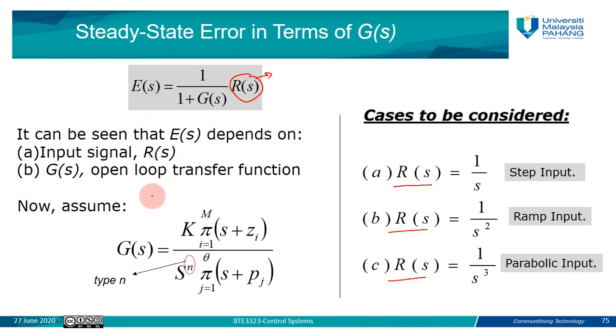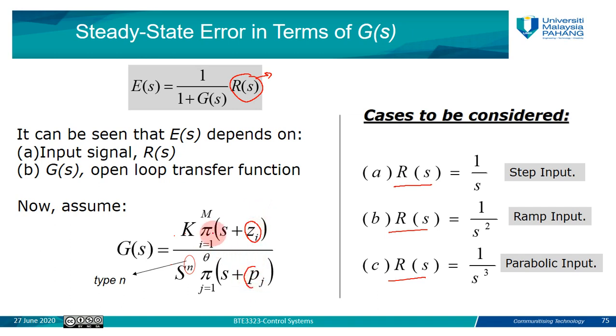Usually the transfer function of any control system is like this. This is the general form of our transfer function, correct? It consists of a numerator and a denominator. In the numerator we have zeros, either 1, 2, 3, 5, depending on how many zeros we have. And in the denominator we have poles.